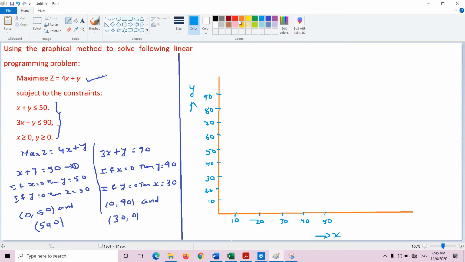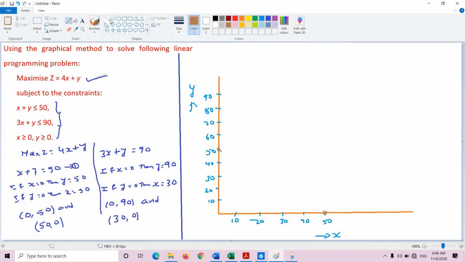First, let us take the equation number 1 line. I am going to draw the equation 1 line in this pink color. The first coordinate point is 0, 50: on the y-axis, the x value is 0 and it is 50. I located this point. Now 50, 0: along the x-axis, the y value is 0.